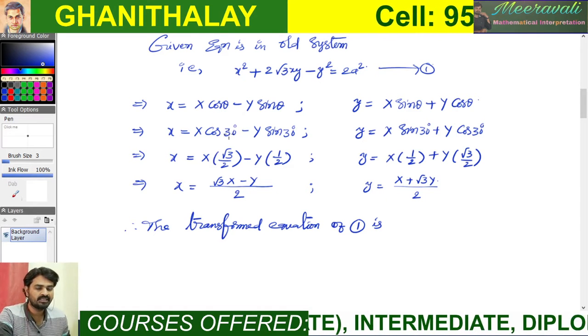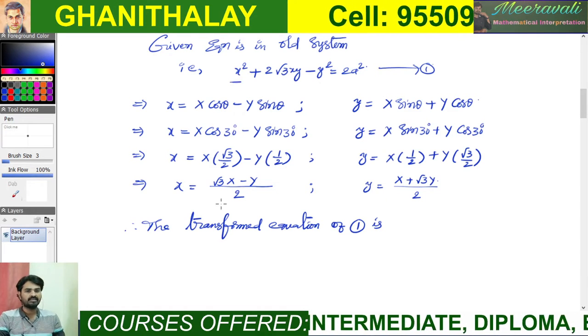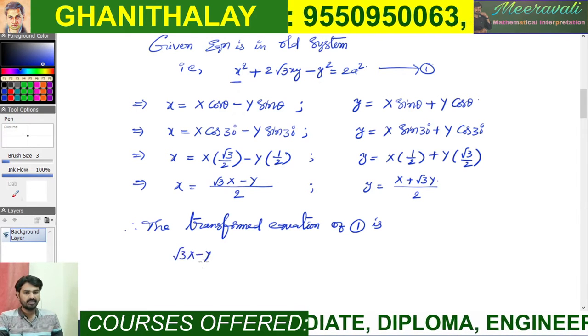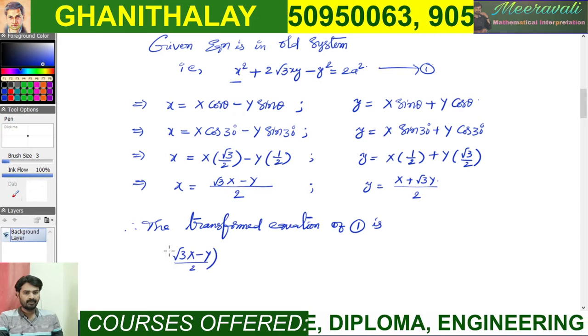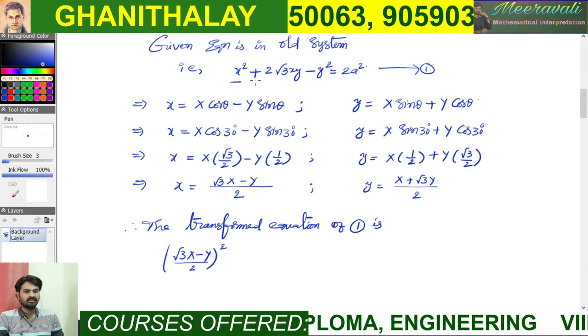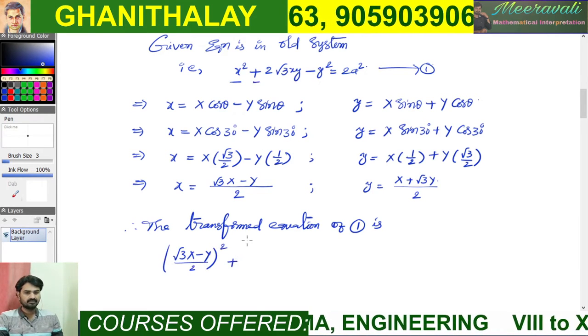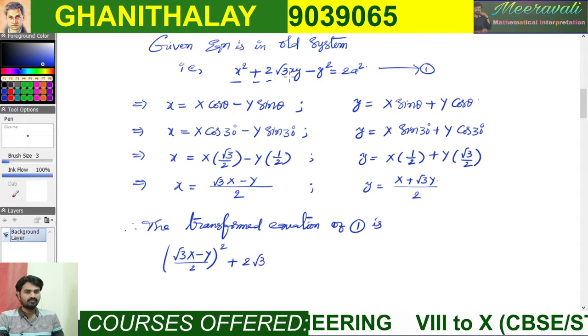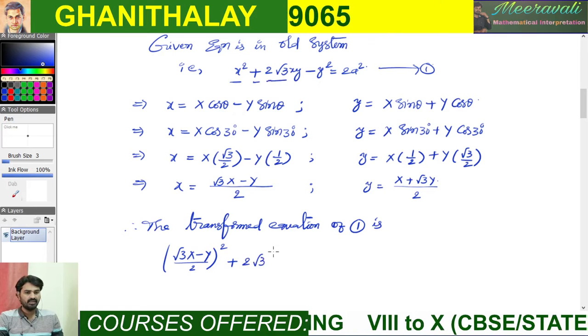So what is that in equation 1? X square means here small x value, root 3 X minus Y by 2, whole square. Next plus 2 root 3. Okay, 2 root 3 I have written into x.